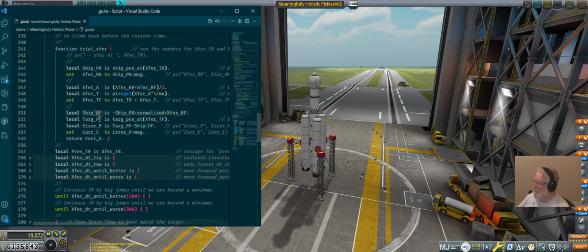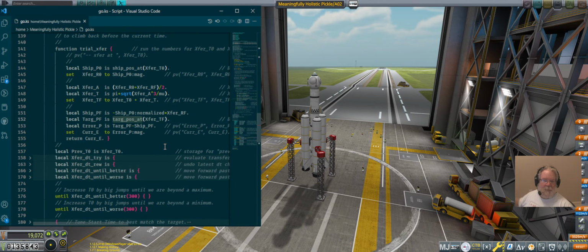So there's target PF, or ship PF. Target position final. Well, we can directly ask Kerbal Space Program, where is my target vessel going to be at that time? Because the target vessel is on this elliptical orbit.